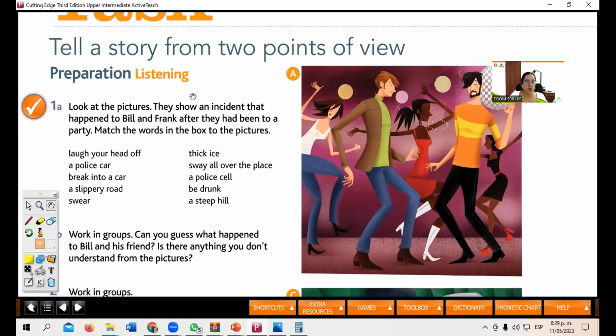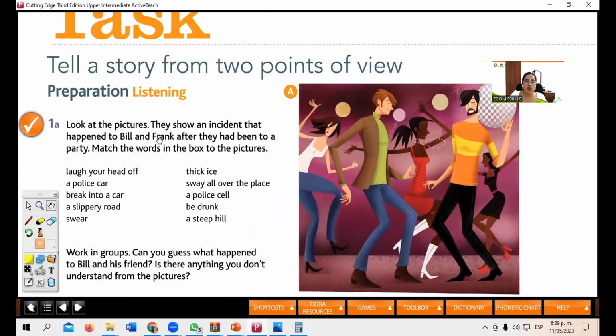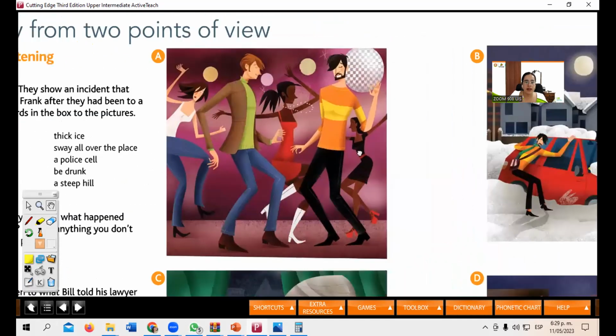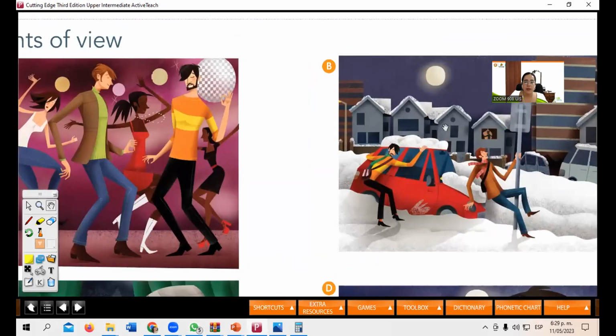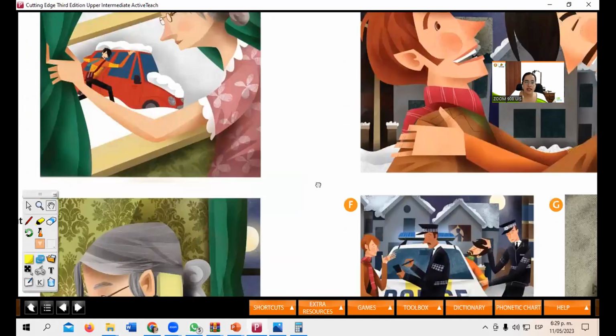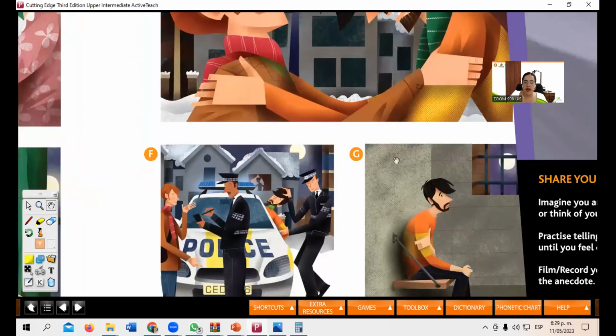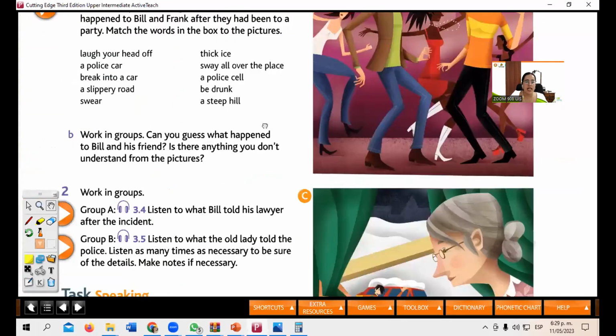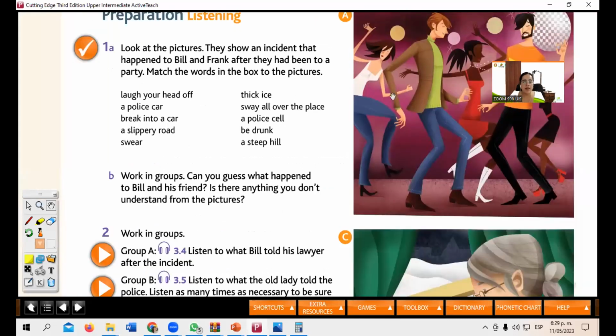So first, we're going to look at the pictures to clarify the vocabulary. They all show an incident that happened to Bill and Frank after they had been to a party. You're going to match these words to the pictures that we have in the book. Okay, so we have picture A, B, C, D, E, F, and G. We have some phrases here, so you're going to match them to the correct image.